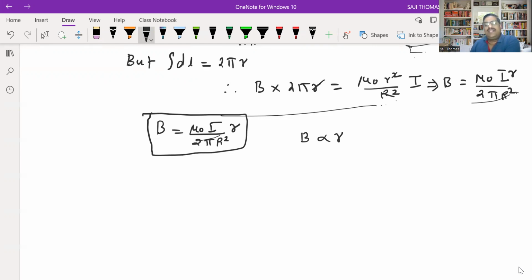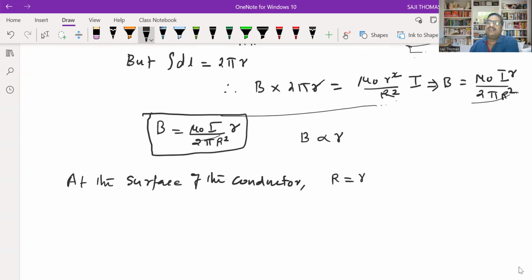Now, what will be the magnetic field at the surface of the conductor? At the surface of the conductor, small r will be equal to capital R. The radius of the Amperian loop will be the same as the radius of the conductor. So what will be B?